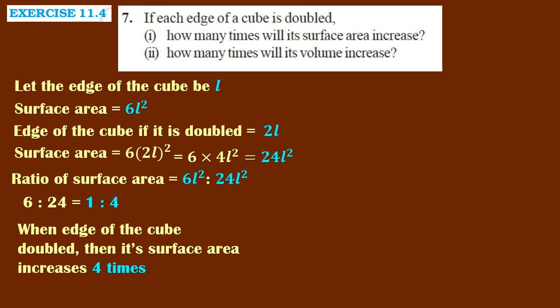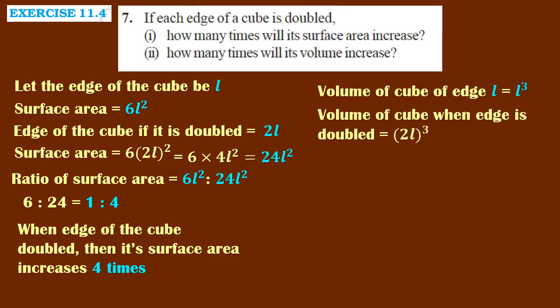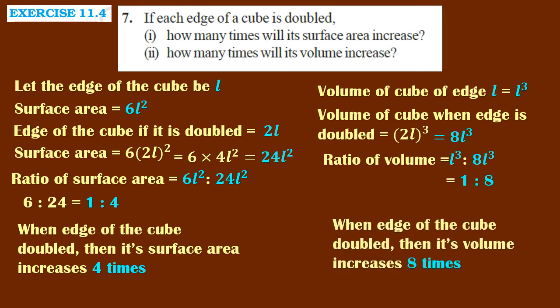Now let us think about what will happen to its volume. Volume of the cube, we know it is L cube. Now volume when the edge is doubled is (2L) whole cube, which is equal to 8L cube. So the ratio of the volume is L cube to 8L cube. That is equal to 1:8. That means when the edge of the cube is doubled, its volume increases 8 times.